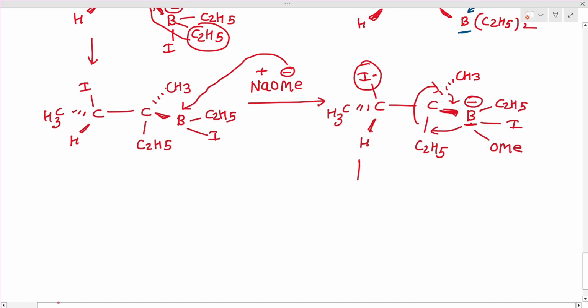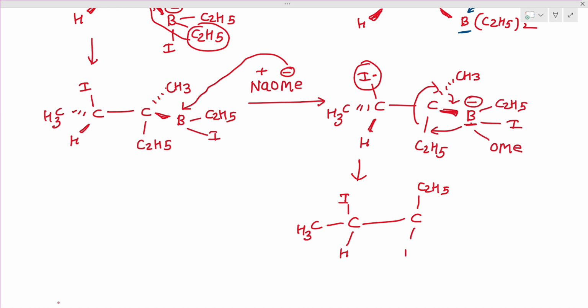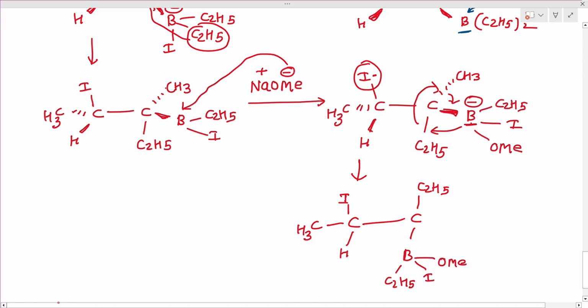So what are you getting? This is I. This is CH3. This is hydrogen. And here, this C2H5 is moving here, right? Here you are getting B, C2H5, I, OMe. And here you are getting CH3. Now you can do anti-elimination.